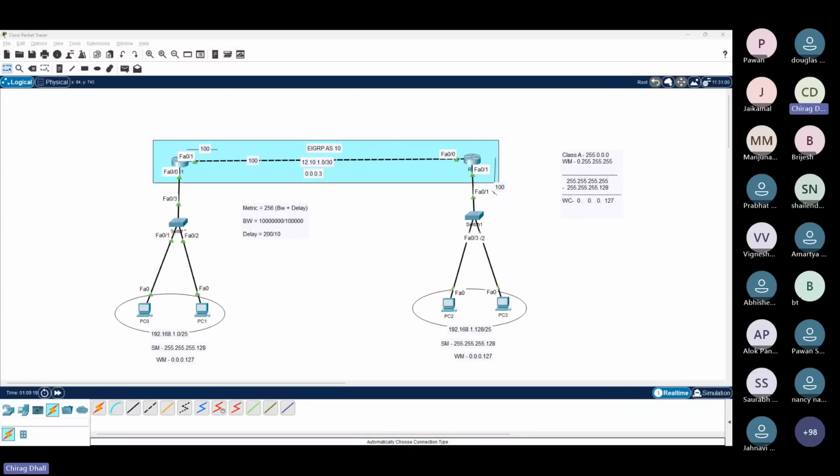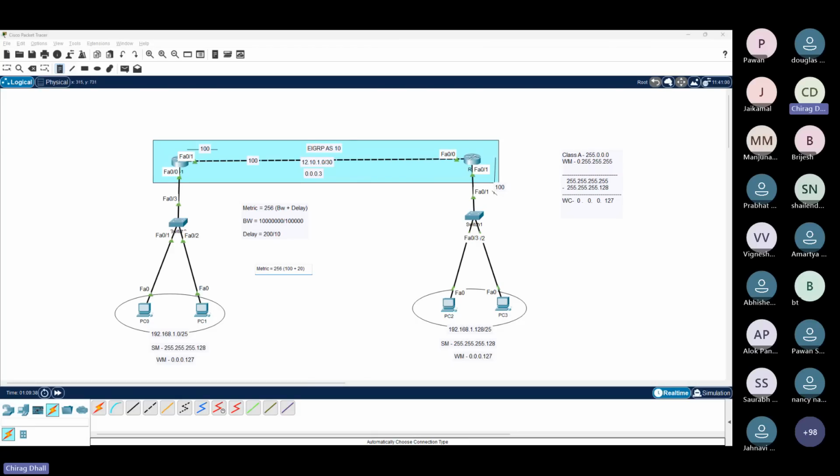It's going to be 100, right? So I can say my metric will be 256 multiplied by 100 for bandwidth plus 20 for the delay.